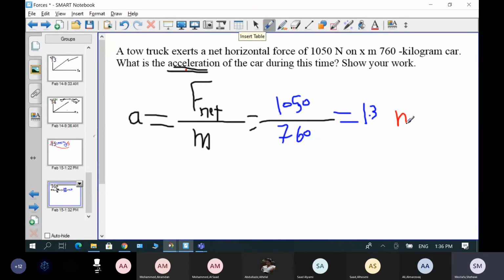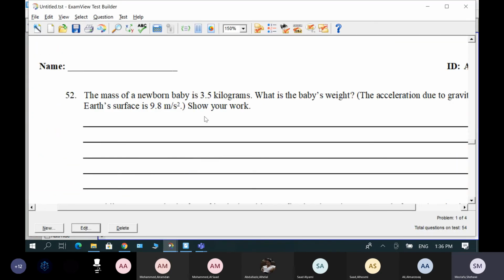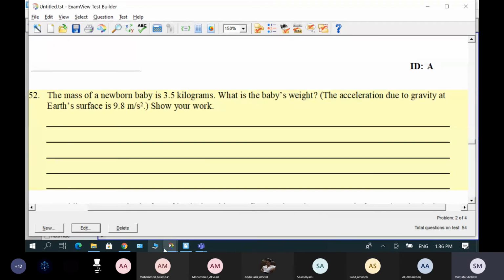Per second or second square? Per second square, Ali. Acceleration units are meter per second square. Okay, thank you, Ali. Next question.